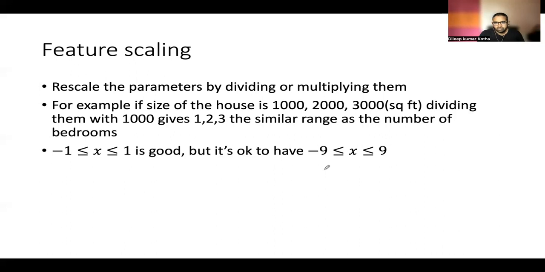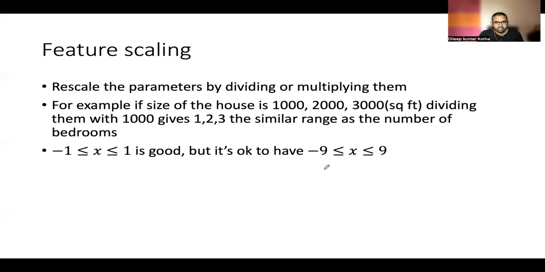So just make sure to put the variables at max a multiple of 10. So if you have between say -0.1, -0.01 to +10, that is also okay. So try to put them within a particular range and try not to go too small and try not to go too big. If they're too big, divide them. If they're too small, multiply them.